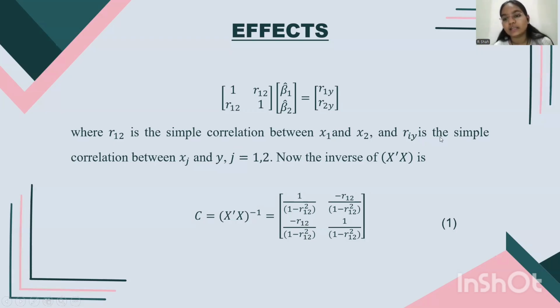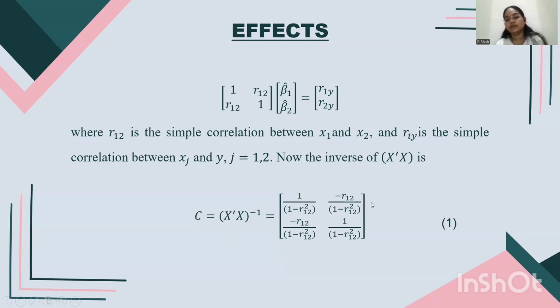where R12 is the simple correlation between x1 and x2, and Rjy is the simple correlation between xj and y, where j is equal to 1, 2. Now the inverse of X dash X: we know the inverse of a matrix, right? We divide by its determinant, and we interchange the diagonal elements with each other and take a minus sign for the off-diagonal elements.